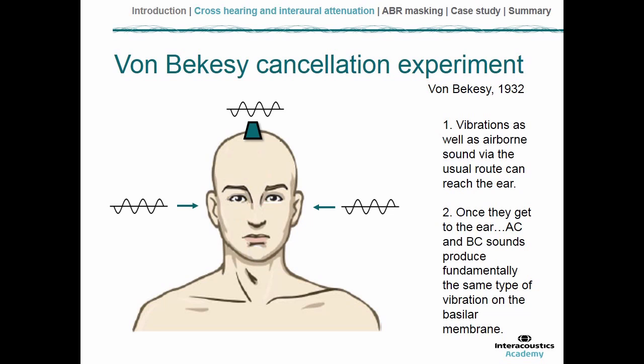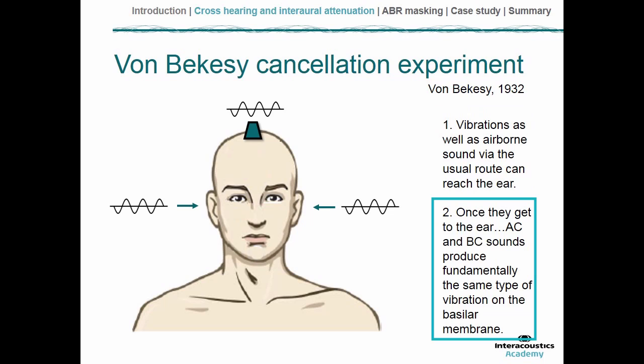So this interesting phenomenon tells us two things really. First of all, we know that bone conducted sound can be perceived by humans. So the bone vibrations passing through the skull that Georg von Békésy introduced were detected and heard.